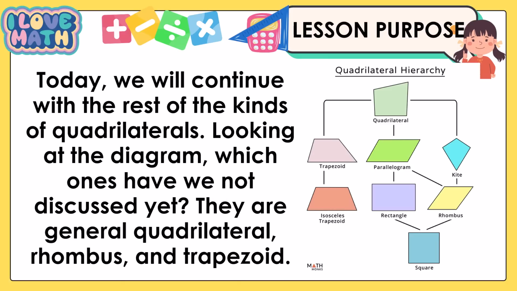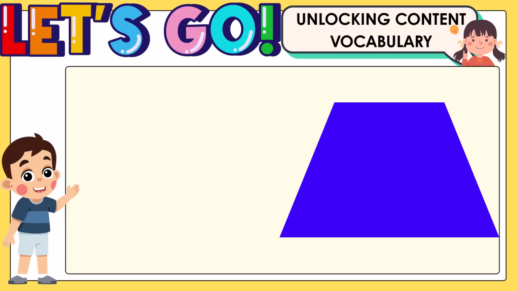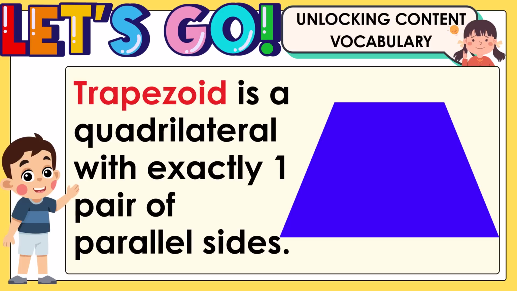Today, we will continue with the rest of the kinds of quadrilaterals. Looking at the diagram, which ones have we not discussed yet? They are general quadrilateral, rhombus, and trapezoid. Unlocking content vocabulary.